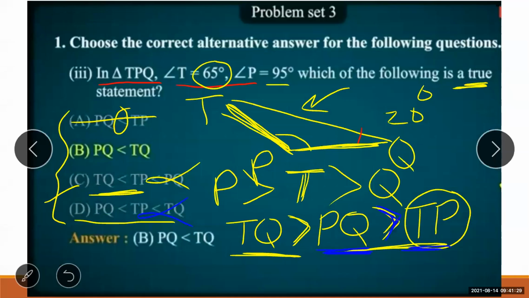TQ is greater and PQ is less, so it is just written vice versa. The condition given is that TQ is greater than PQ, which I can also write as PQ is less than TQ. So that is true, and that is the correct choice. Understood? How to find it out?